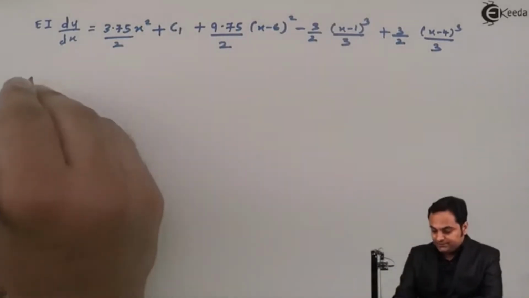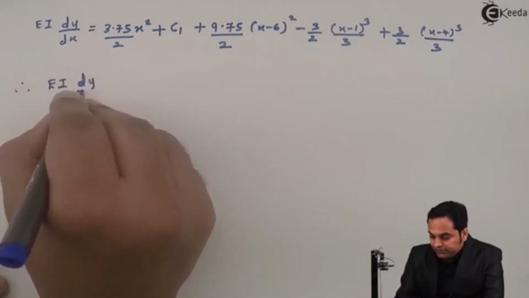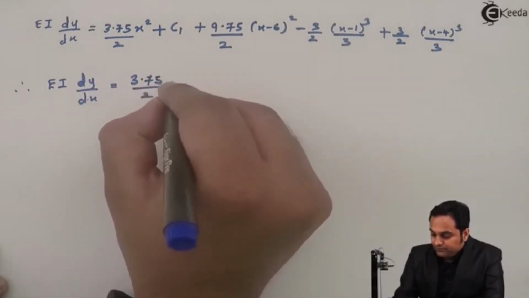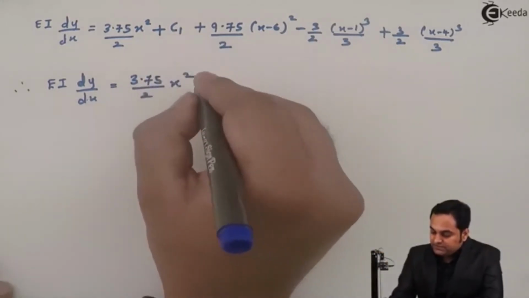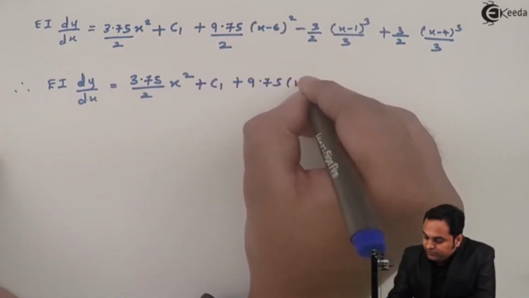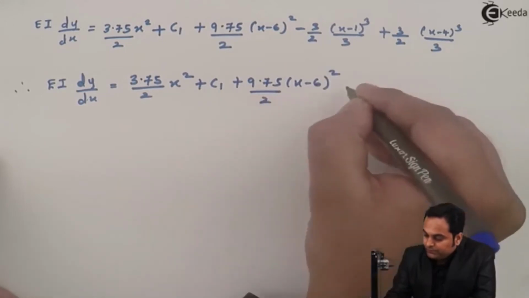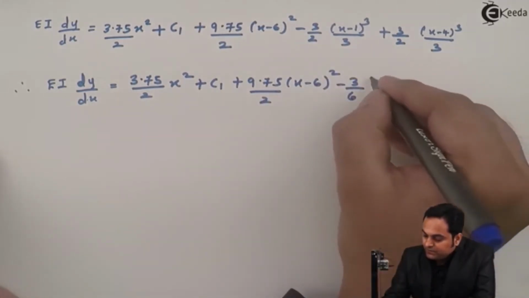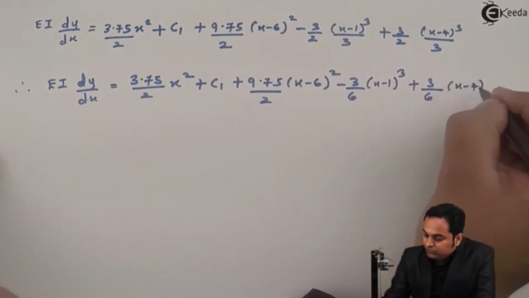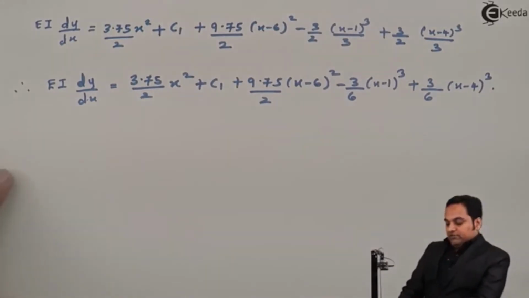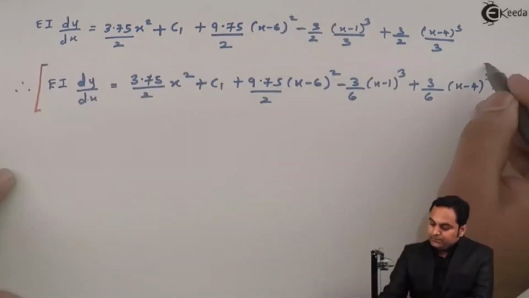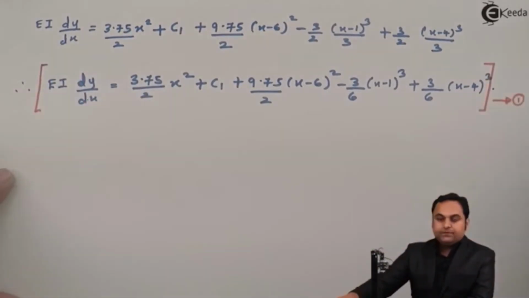So simplifying this, EI into dy by dx is equal to 3.75 by 2 x square plus c1 plus 9.75 into x minus 6 whole square by 2 minus 3 by 6 x minus 1 whole cube plus 3 by 6 x minus 4 whole cube. Now after the first integration I have got this equation, calling this as equation number 1.